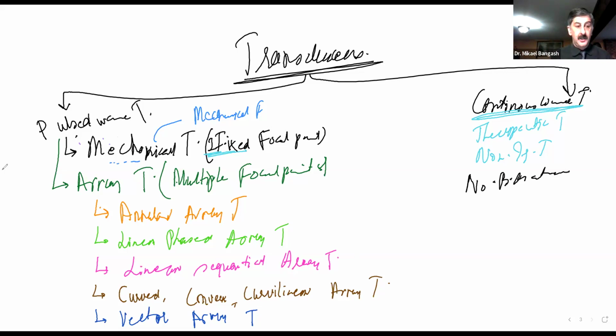For each, or most of them, there's an exception here, but anyways, for each of these transducers, there are going to be 5 similar points that we will be talking about. Any questions so far?